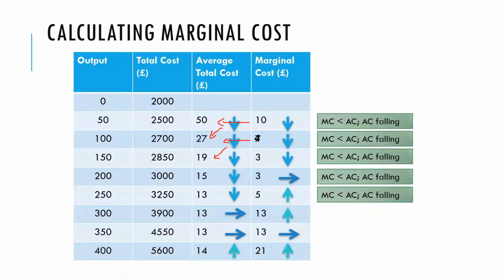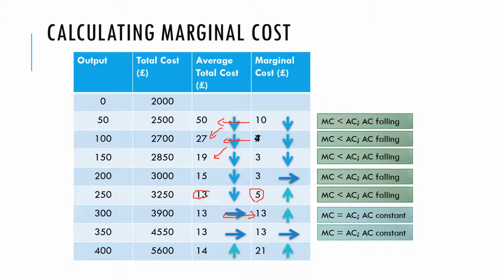We get to a point here where the marginal cost is the same as the average cost. It's no longer less. Previously here, it was 5, which was less than 13. So at this point, the marginal cost is the same as the average cost, and the average cost stays constant.